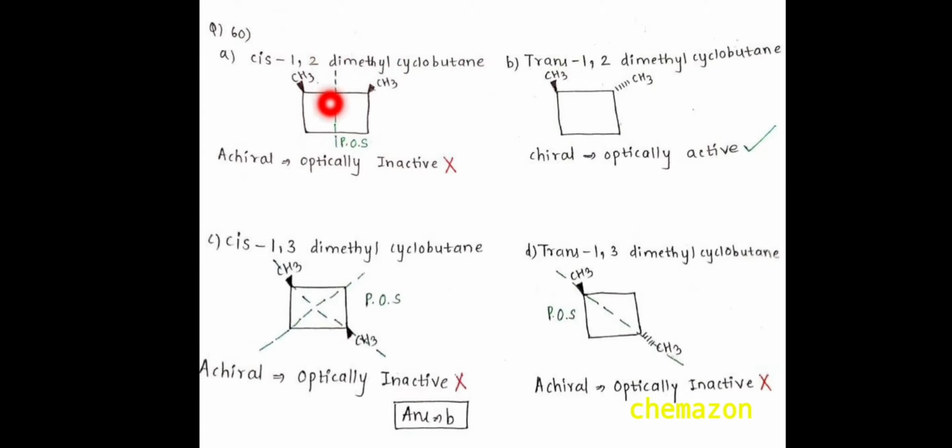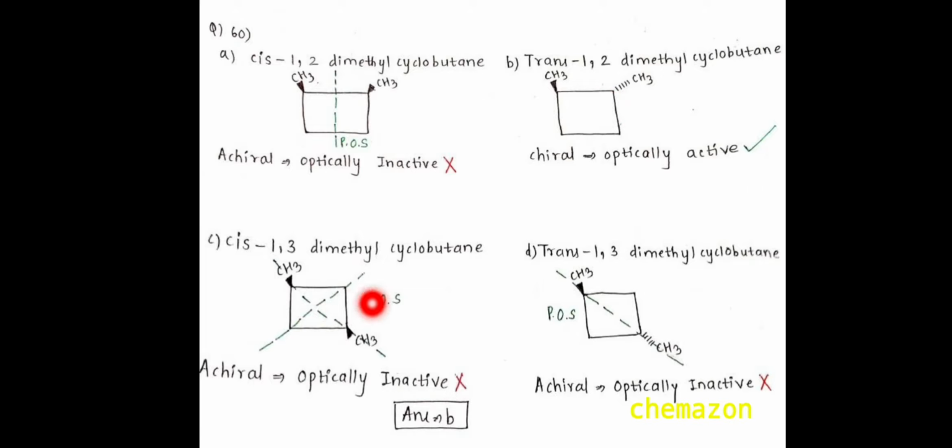Here you can see there is a plane of symmetry passing through this molecule, so this molecule is optically inactive. In this molecule, if you look, there is no plane of symmetry passing through it, so this is optically active.